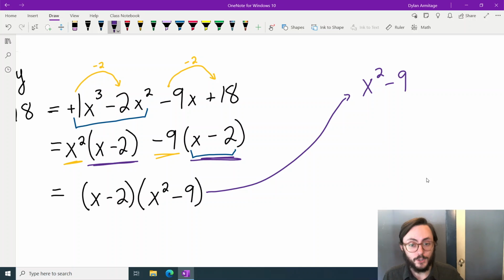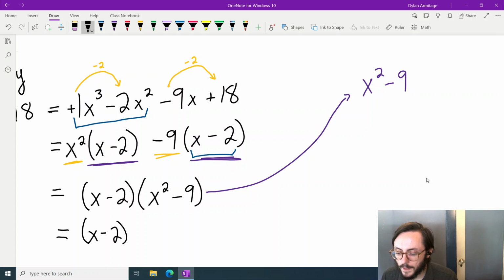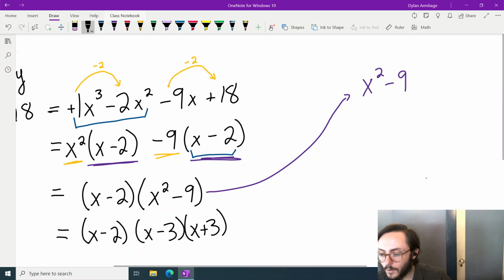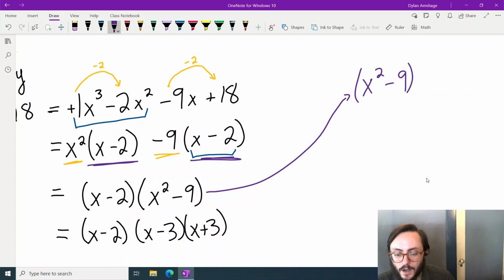Now you can do a shortcut for it, where, just to show, we would have x minus 2 times x minus 3 times x plus 3. And that would be our final answer. But how do we know that? Well, we know that there should be a factor of this, to factor it out completely.